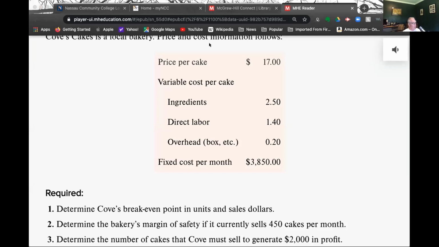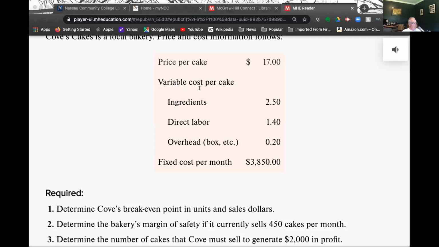When we add those three items together, it came out to be $4.10. $17 minus $4.10 is $12.90. Now, just to go through the exercise, I did it as a percentage as well. If I take $12.90 and put it over $17, it comes out to 0.7588.